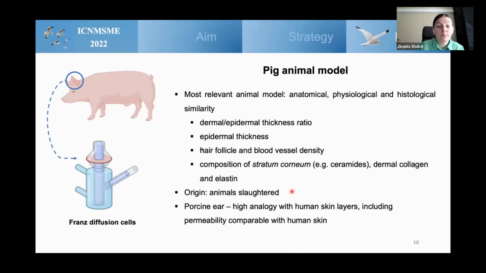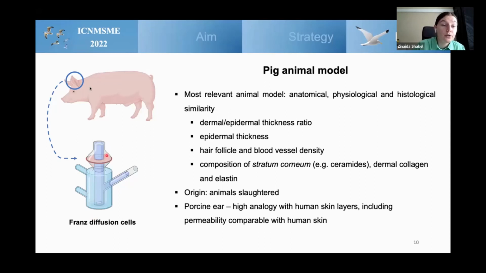And I will briefly explain how we do that assay. We use a Franz diffusion cell, and here we have a bottom compartment, a top compartment, and skin between, and also a ring to make this system more hermetic and a clamp to hold the system together, and a water bath to maintain a temperature closer to skin, around 32 degrees.